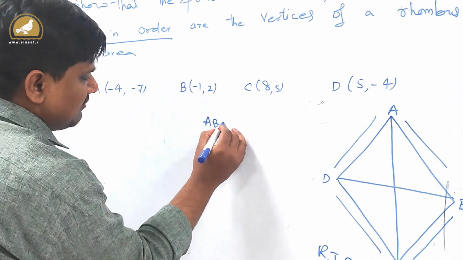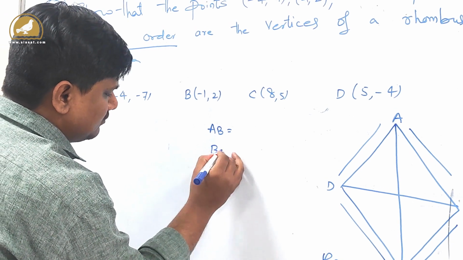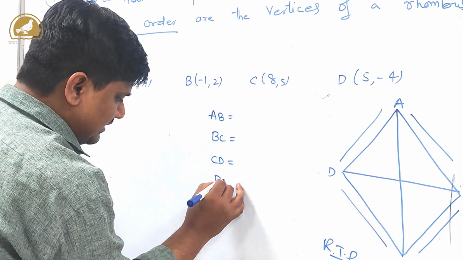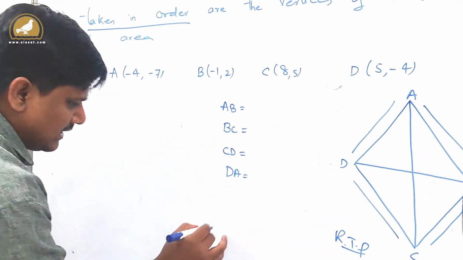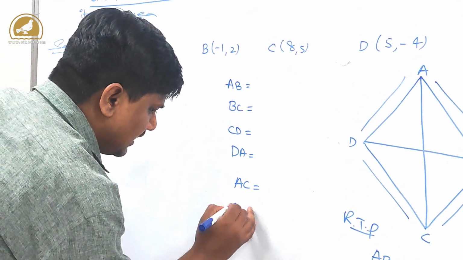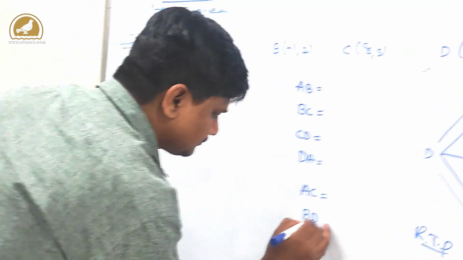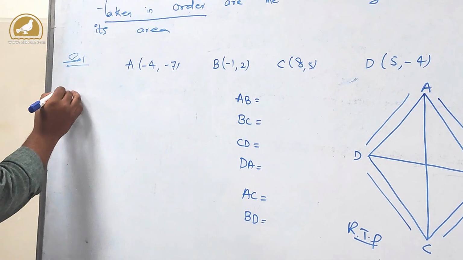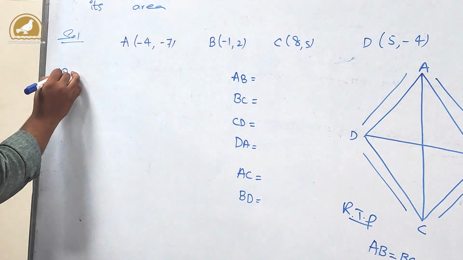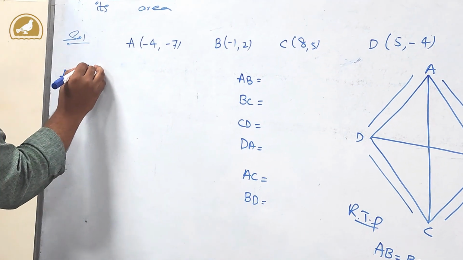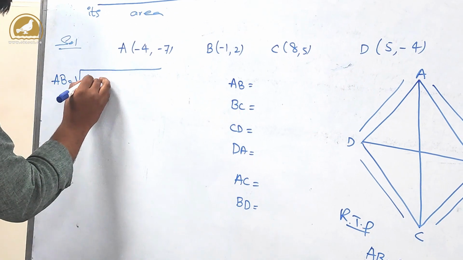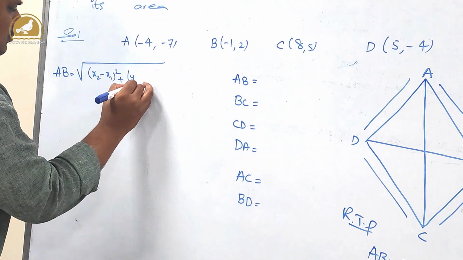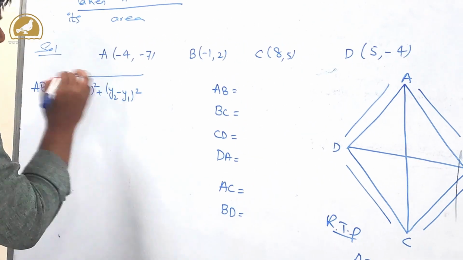We need to find the AB value, BC value, CD, DA, AC and BD. We will find them one by one. First we will calculate the distance between A and B. The distance formula between 2 points is the square root of (x2 minus x1) whole square plus (y2 minus y1) whole square.